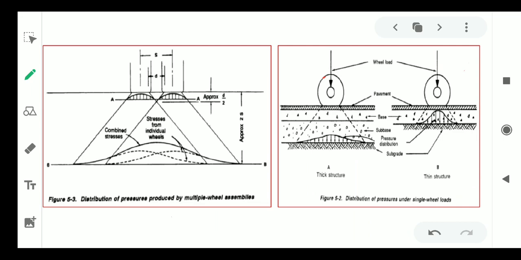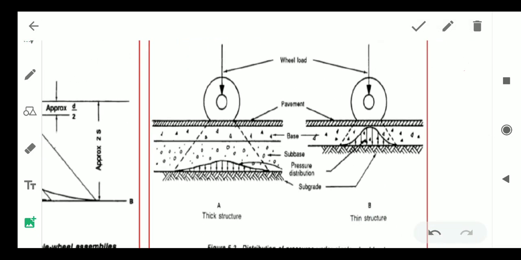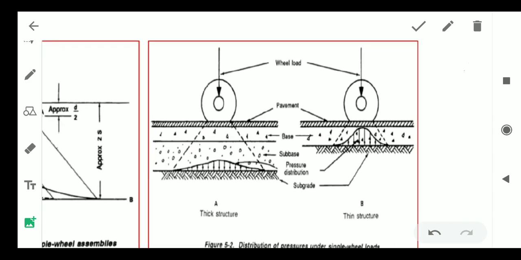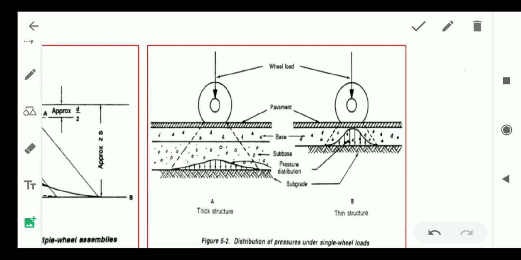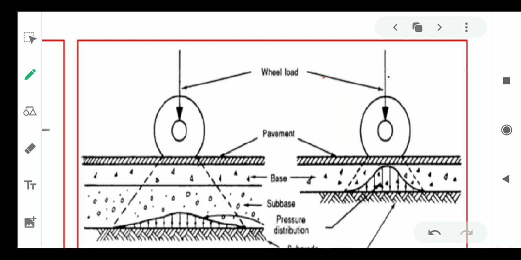Okay, here are some pictures of load distribution. Let's first see this picture, the distribution of pressure under a single wheel load. Look at this picture: there is a load which acts on this surface, but the thickness of the surface is too low, so the stresses act on a very low contact area.